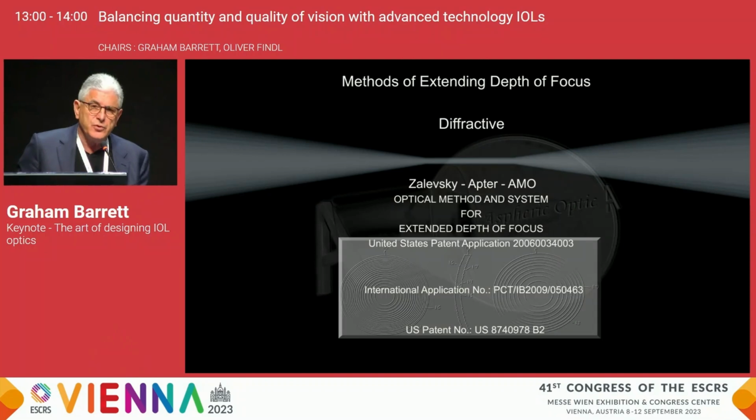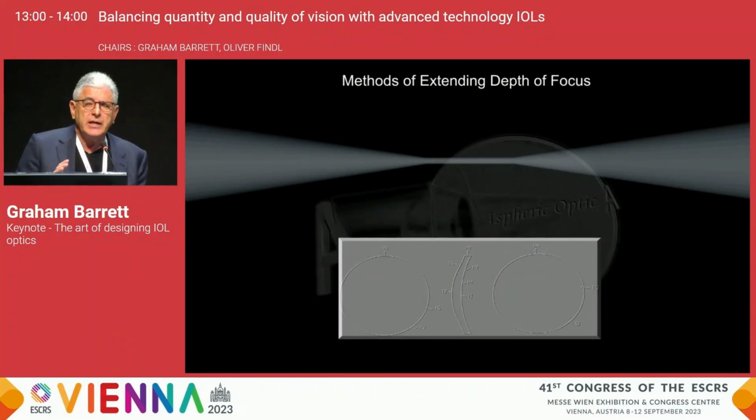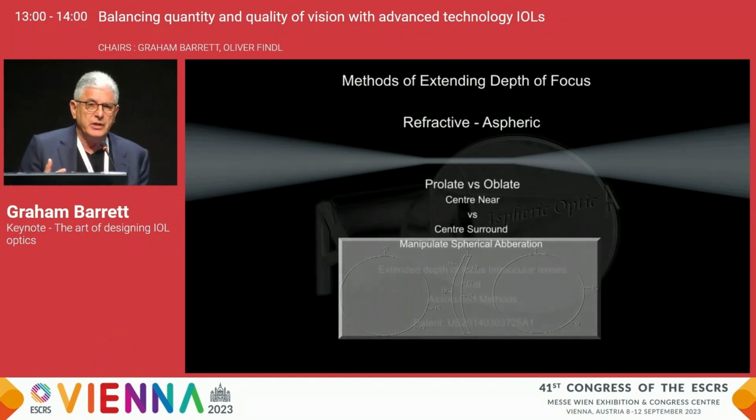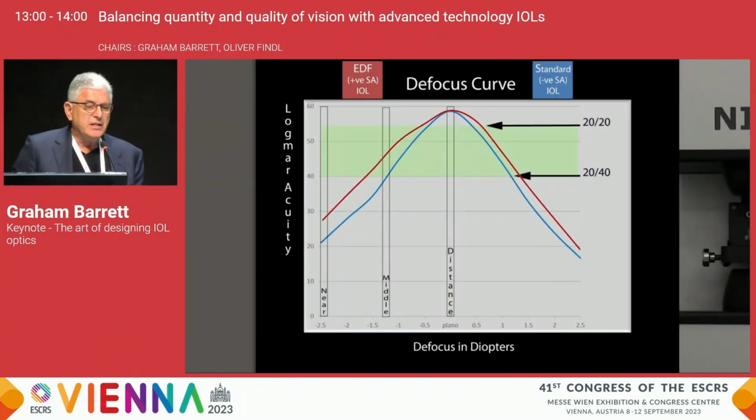But you don't have to resort to diffractive optics, and it is possible to increase the depth of focus simply by manipulating spherical aberration, either negative spherical aberration, or as I will show you, in my opinion, preferable with positive spherical aberration. It's most interesting to look at the defocus curve.